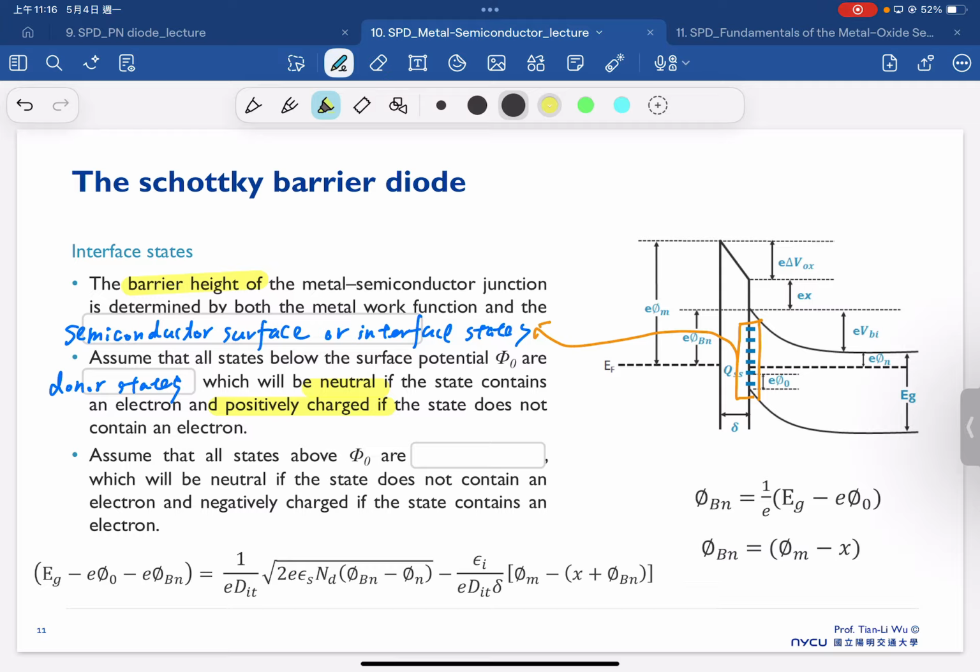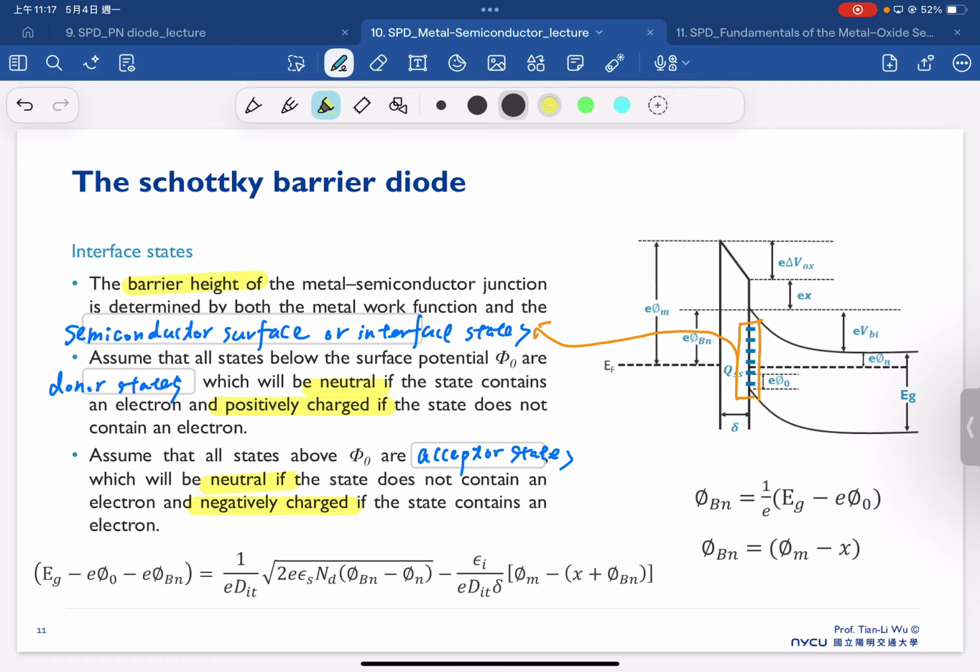So assume that all states above phi 0 are acceptor states. The acceptor state, by definition, is neutral if the state does not contain an electron, or a negative charge if the state contains an electron.